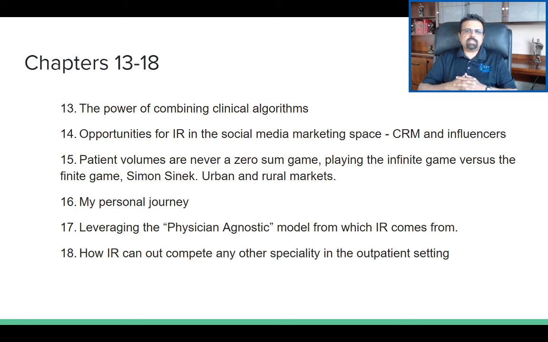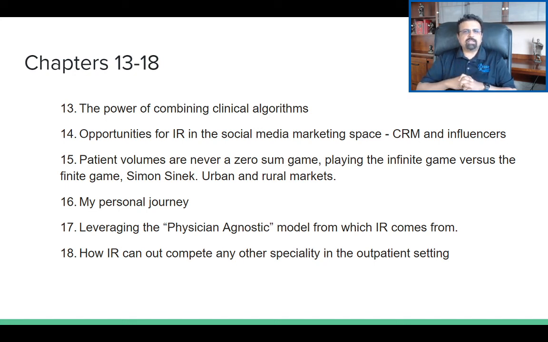Chapters 13 through 18 would be dedicated to the strategy that we've been utilizing at Dayton Interventional Radiology, which is combining our clinical algorithms and creating an offering from a clinical perspective that's a little bit more comprehensive, putting a bunch of the different attributes together under one coherent message.